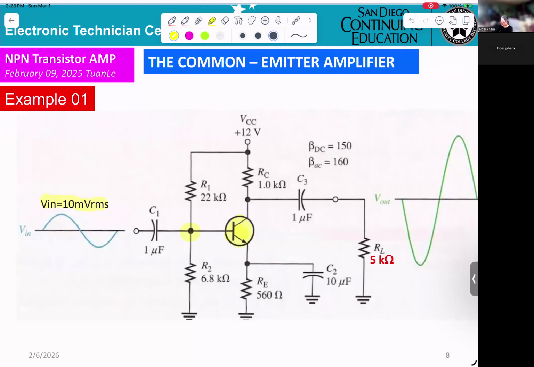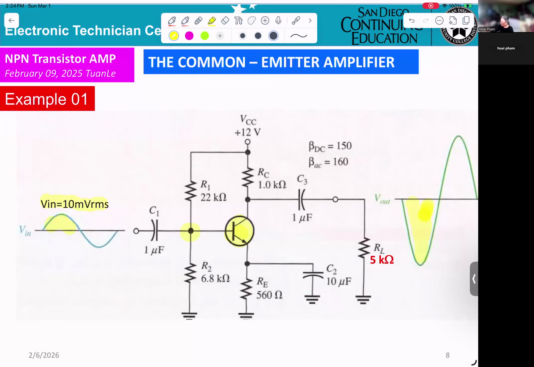And finally at the output, you get a big sine wave. However, you can see it is opposite to the input, 180 degrees out of phase.